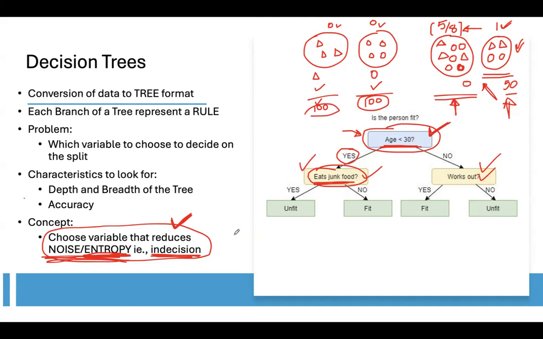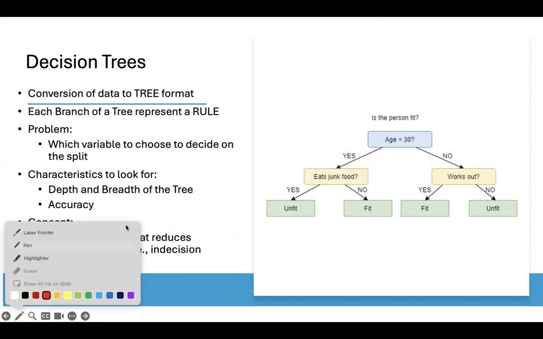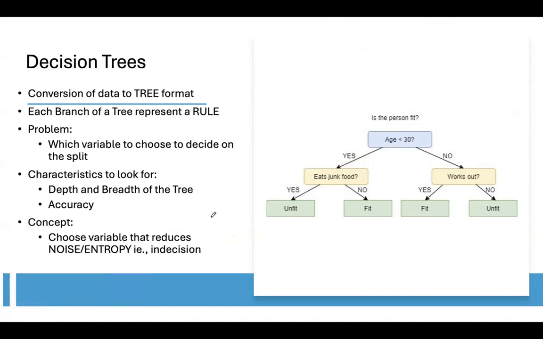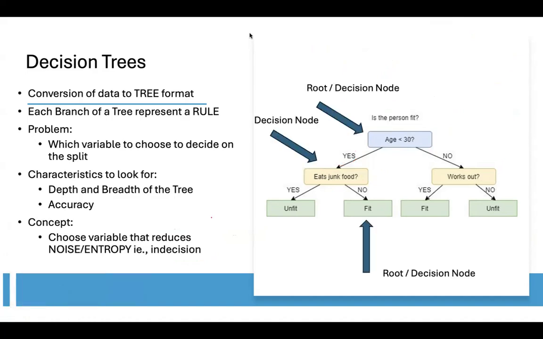Let's move on to the next slide and see how this noise is actually calculated in a system. Before that, we call this the root decision node. This is a decision node. This is also a decision node, and this is not a decision node.